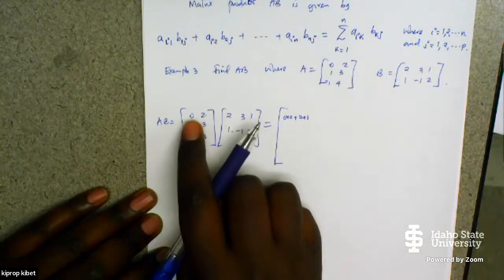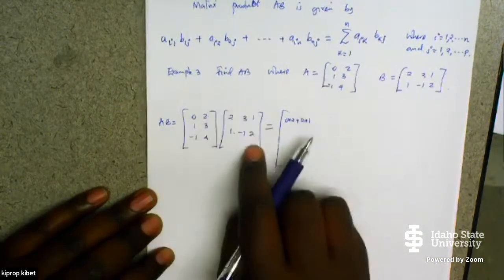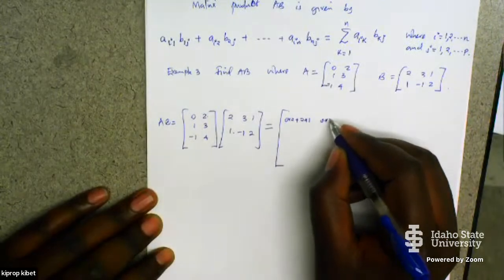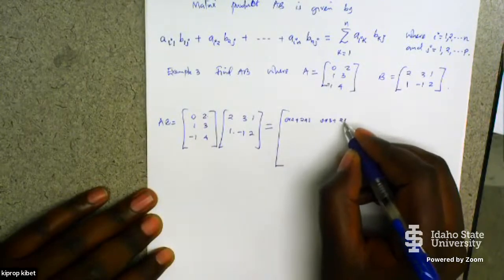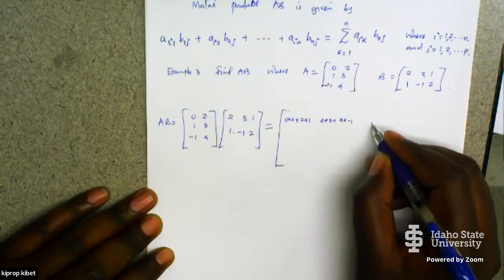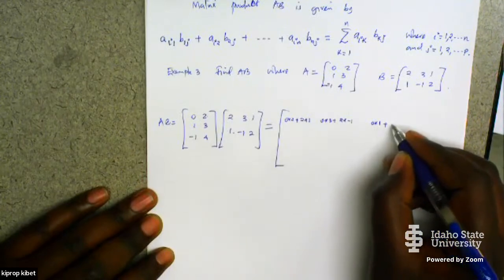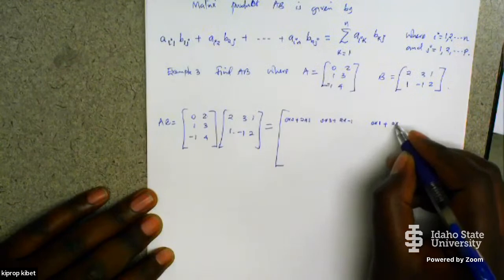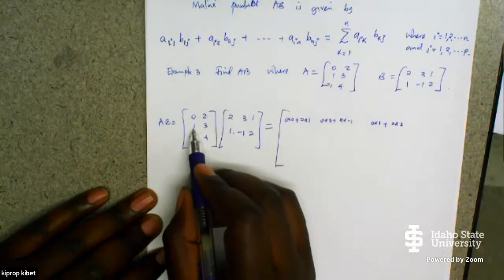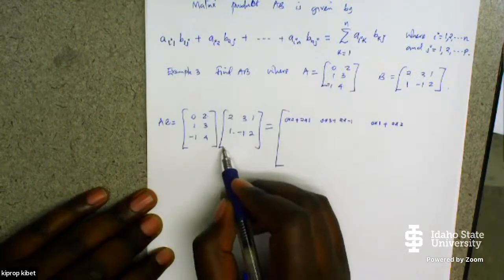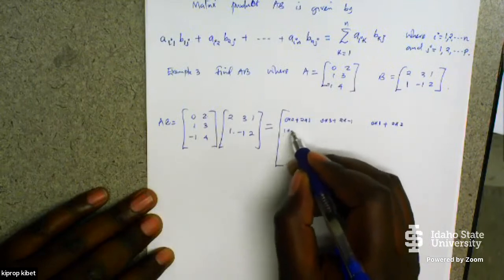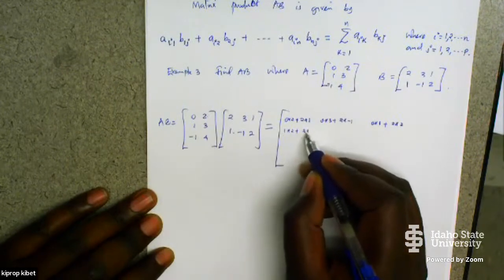The next one is take that and that: 0 multiplied by 3 plus 2 multiplied by negative 1. The next one is 0 multiplied by 1 plus 2 multiplied by 2. Go to the next row, take this and the first column: 1 multiplied by 2 plus 3 multiplied by 1.